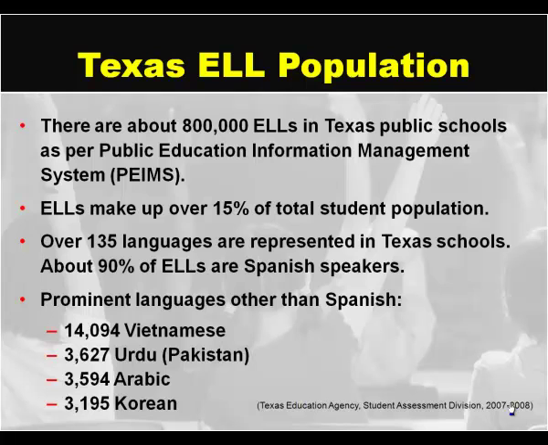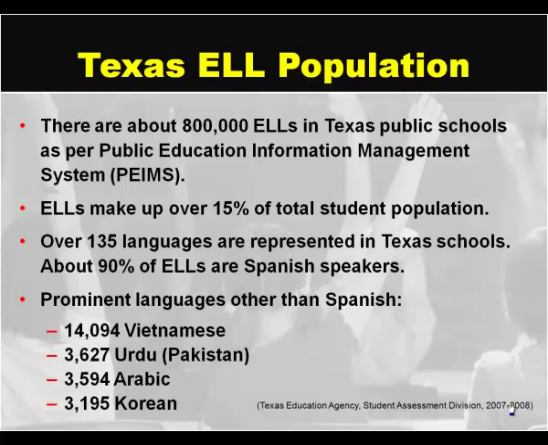The acronym for that is PEIMS. That's one you need to know. ELLs make up over 15% of total student population. Over 100 languages are represented in Texas schools. About 90% of the ELLs are Spanish.